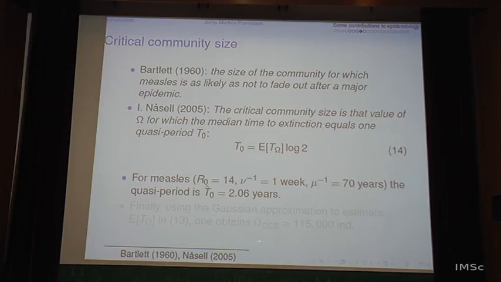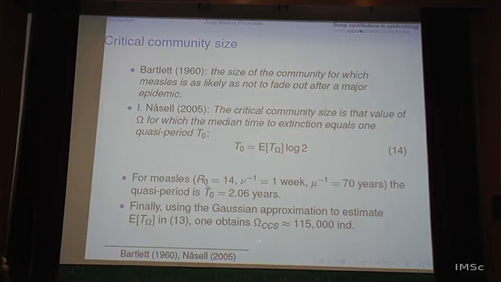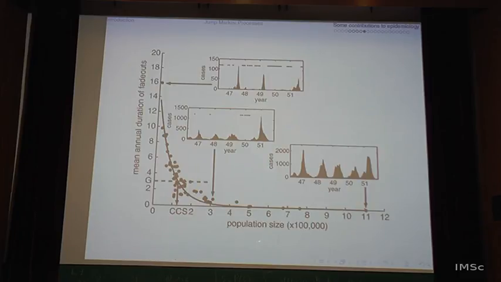And if you use the Gaussian approximation to compute this value, because you need the quasi-stationary distribution, what you obtain is that the omega CCS that solves this is equal to 115,000 individuals, which is in good agreement with what you see here.